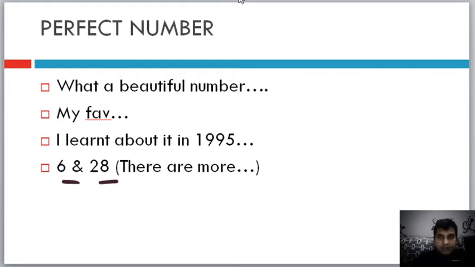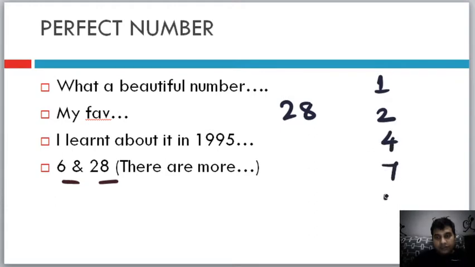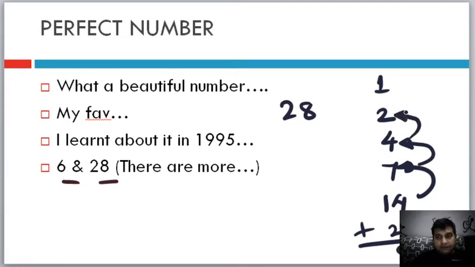This video is primarily targeted at class 6th students, which is why I'm not going to get into it. 28 again: 1, 2, 4, 7, 14 and 28. When you add it, it is 56. 14 and 7 is 21, 21 and 4 is 25, 27, 28, and then add 28 to it, it becomes twice the number itself.